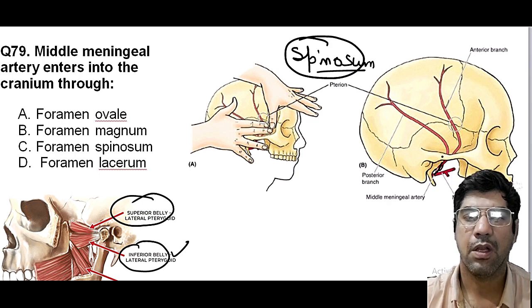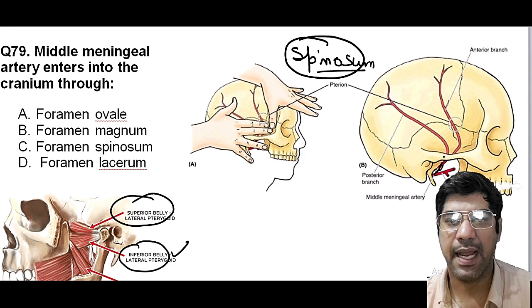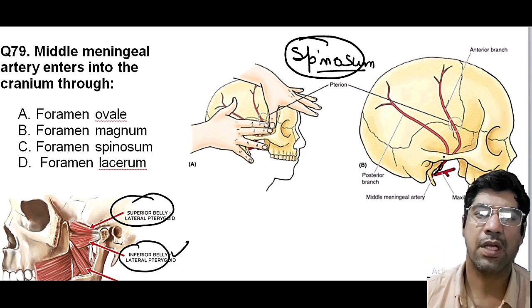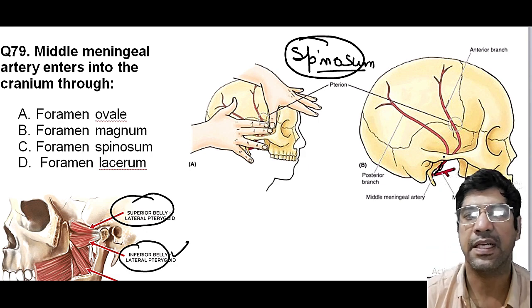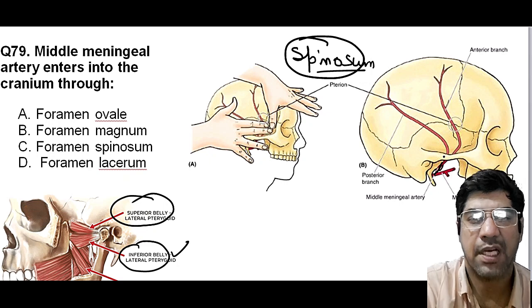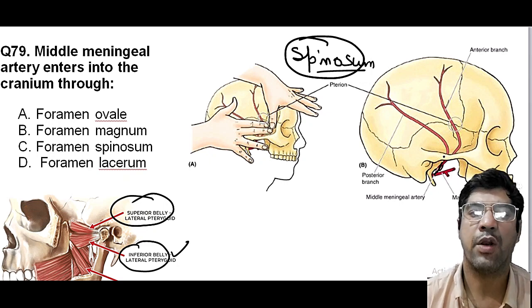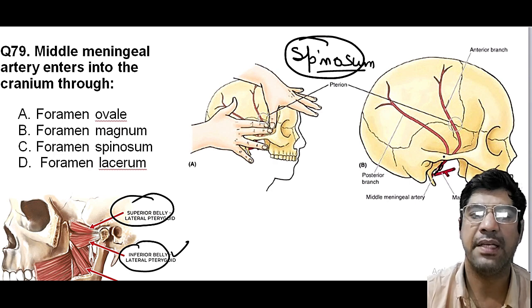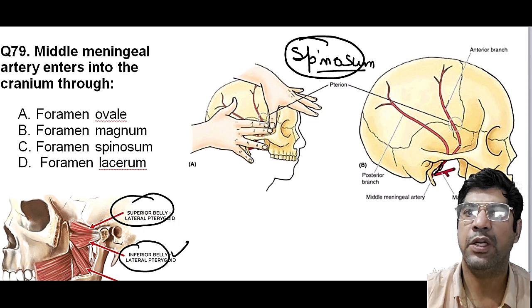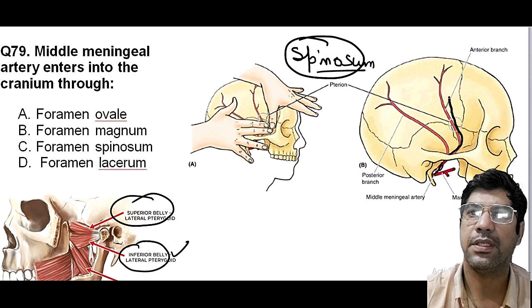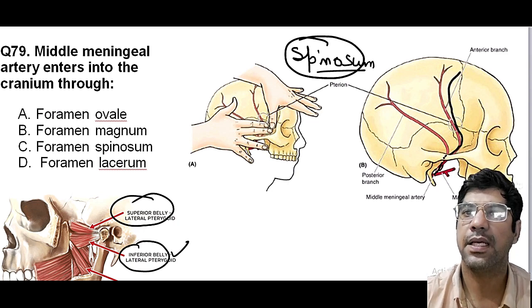Once it enters, the artery goes on an adventure within the castle walls, that is your skull. It's important to know that there are other small roads nearby, but the artery stays a bit closer to the outer wall, and it divides into two separate branches, the anterior branch and the posterior branch.